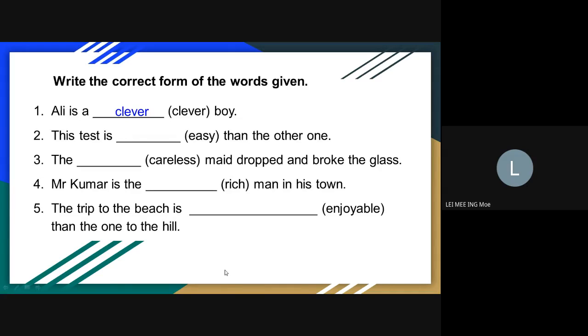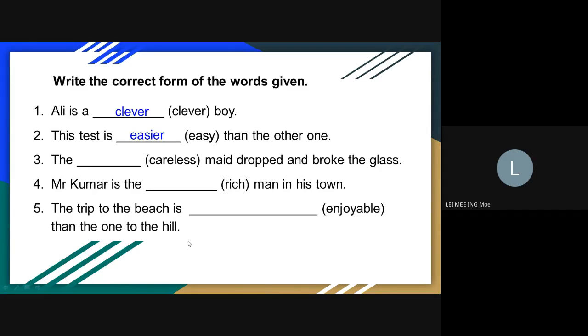Easier, easier. Most of you typed easier. Yes, the answer is easier. Well done. So here you have than behind your blank, so it is a comparative form. So easy, the last letter is a Y. You drop the Y, you add IER, easier. Good.